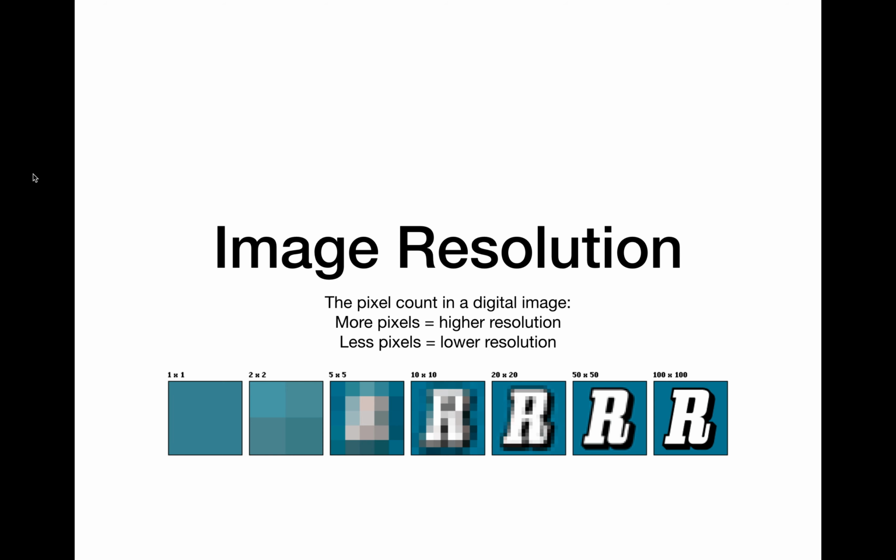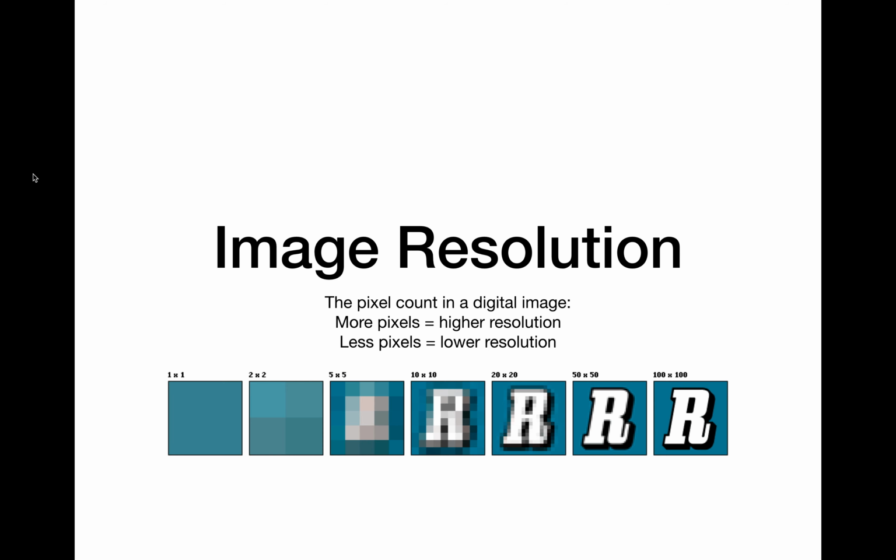And we have a slide at the bottom here that shows a pixel array going from lower resolution to higher resolution. A 1 by 1 pixel, a 2 by 2 pixel array, which means there's a total of 4 pixels, a 5 by 5 pixel array, and all you would do to get the total number of pixels in a pixel array would just be to multiply.